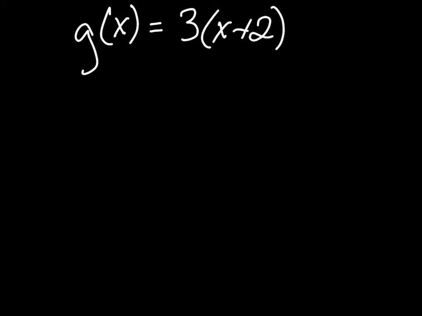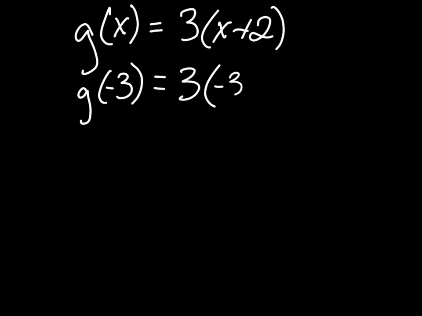So let's look at a couple more examples. Again, it might not always be f of x. Okay, it might give you something like this. Let's go with this. Okay, and I tell you that g equals -3. Well, all I'm going to do again is plug in that -3 for x, plus 2.